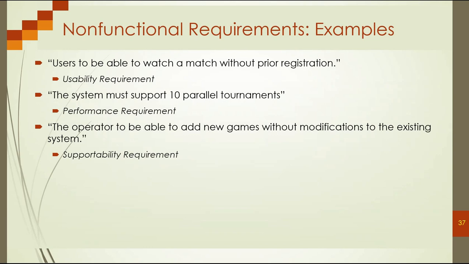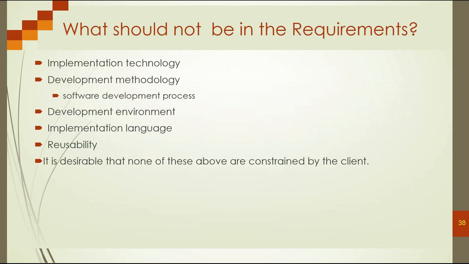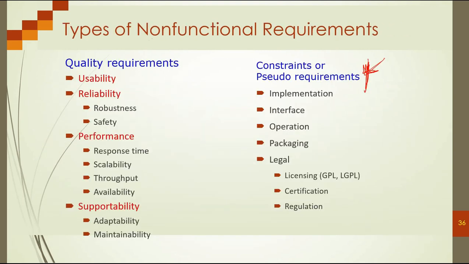For example, the system is usable. This is not related to the requirement; actually it's related to the non-requirements. We say it's the implementation technology. That's why I say this is the third requirement. Some of them don't even put it as a requirement because it's a constraint.